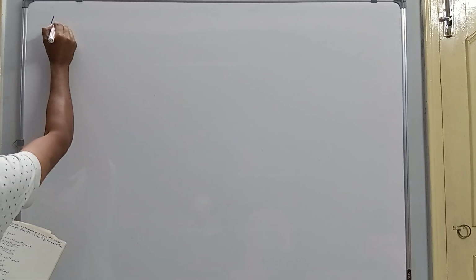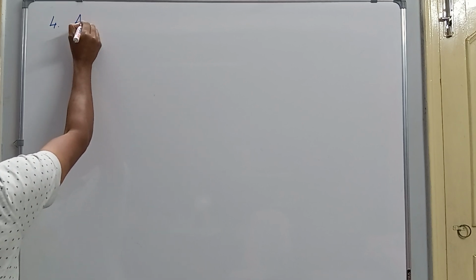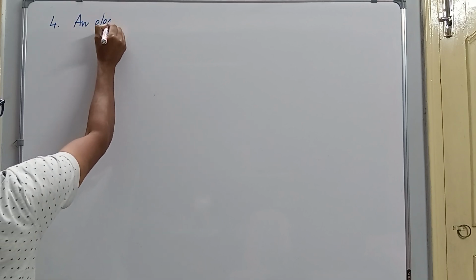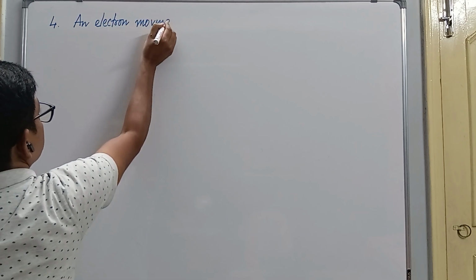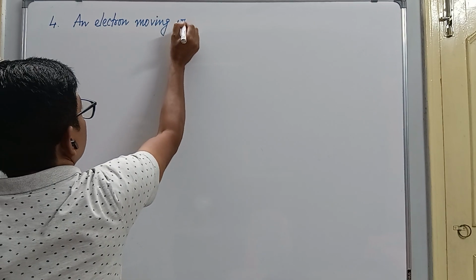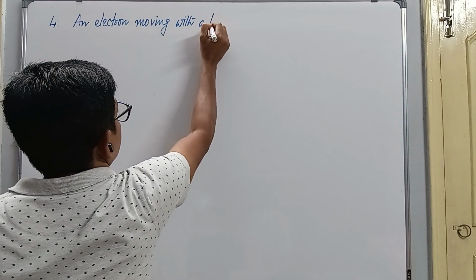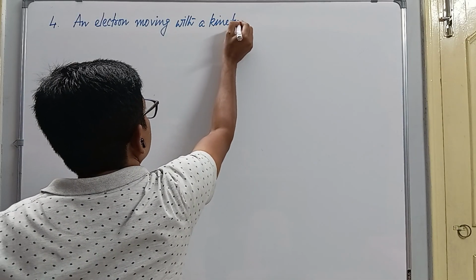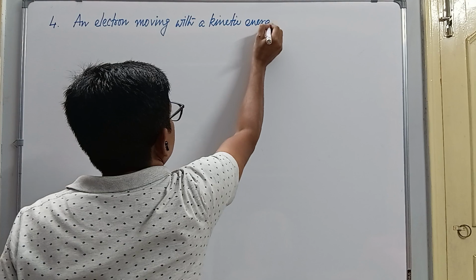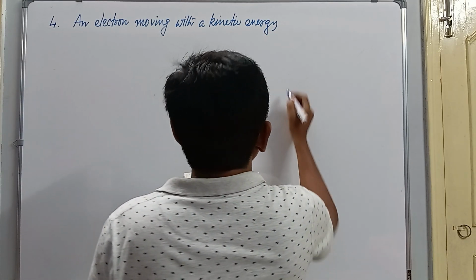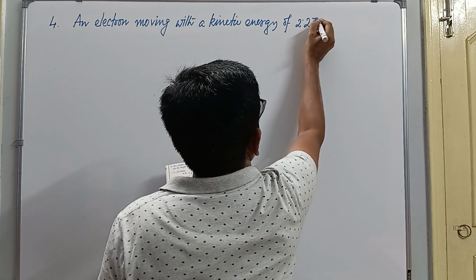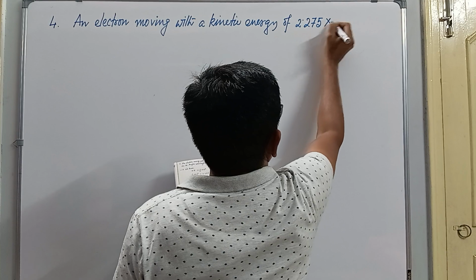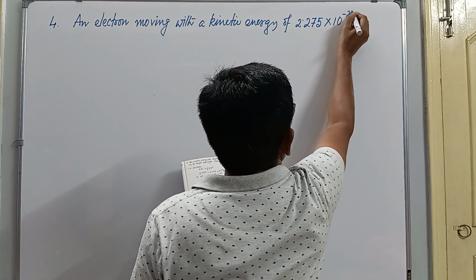The 4th question is about kinetic energy. Let's see. An electron moving with a kinetic energy of 2.275 into 10 to the power minus 25 joule.